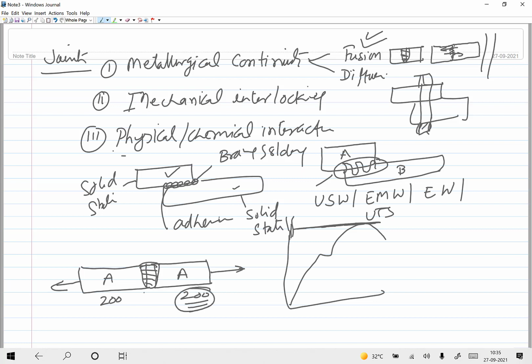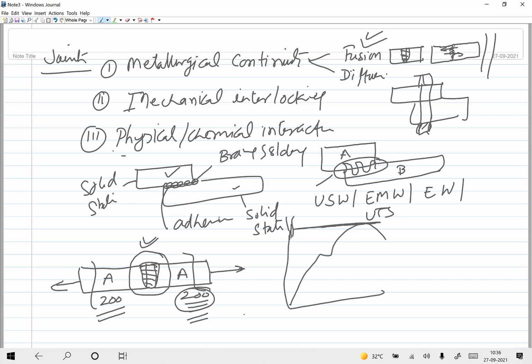Say base metal strength is 200, and after testing, if you find the joint is intact, there is no failure from the region close to the joint, but the failure is occurring from the nearby regions, then obviously we will say that our joint is stronger than the base metal. So the joint is stronger than 200 MPa, isn't it?